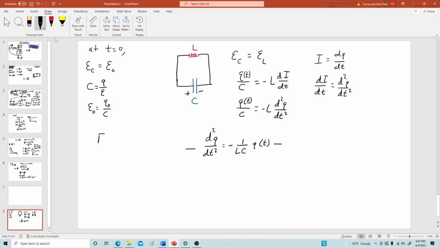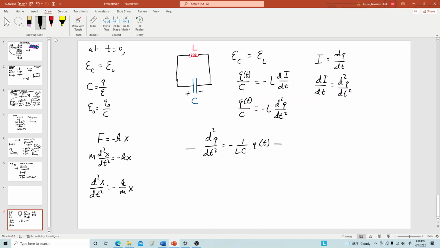So remember that Hooke's law looks like this, and this was the same thing as this. The second derivative of a function with respect to time is equal to a constant times that function.